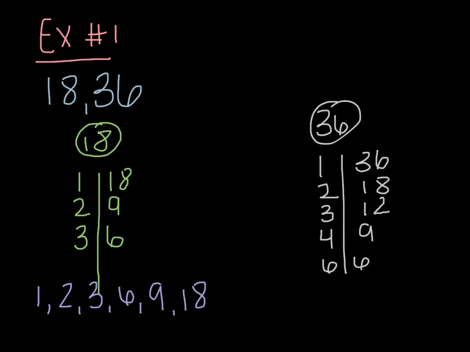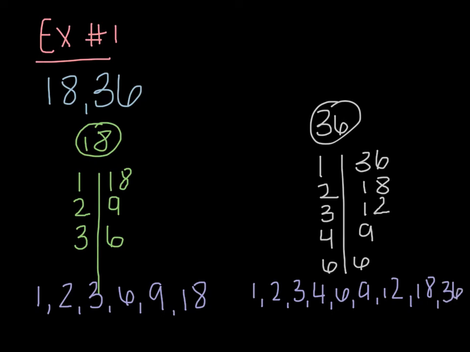So when we multiply each of those together, we get 36. 1 times 36, 2 times 18, 3 times 12, 4 times 9, and 6 times 6. So again, I'm just going to list those out. 1, 2, 3, 4, 6, and remember I don't have to count 6 again, 9, 12, 18, and 36.